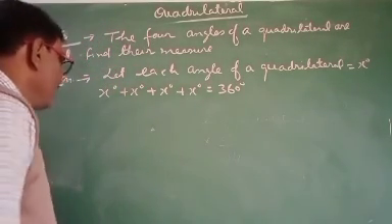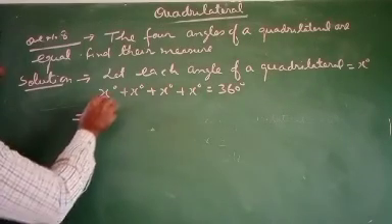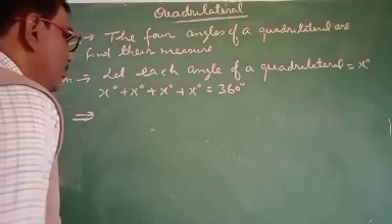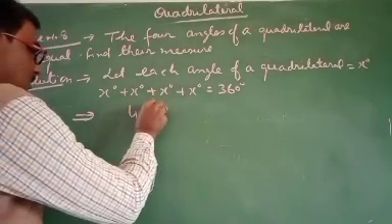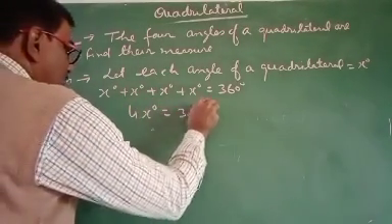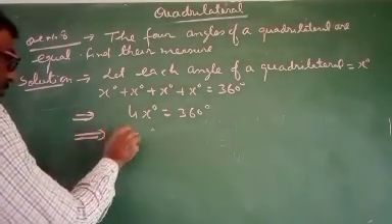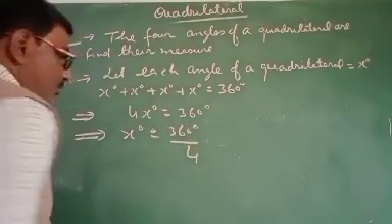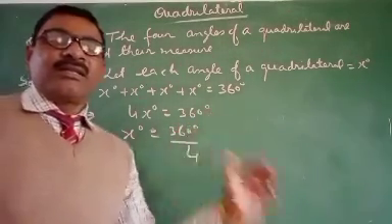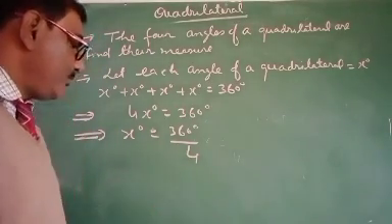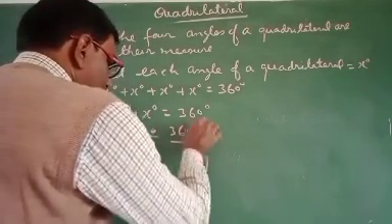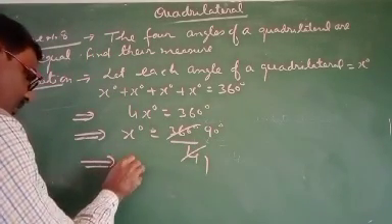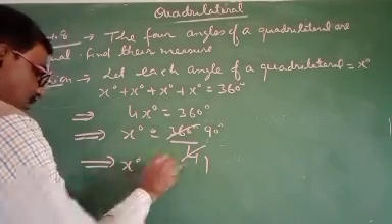Now I will add x plus x plus x plus x, which equals 4x. 4x degree equals 360 degree. Therefore x degree equals 360 degree upon 4. Now I will divide 360 by 4. Then it will be 90 degree. So x degree equals 90 degree.